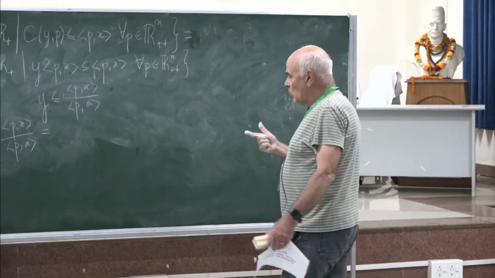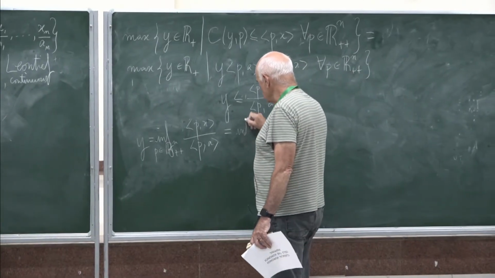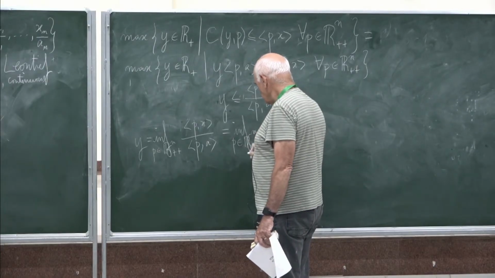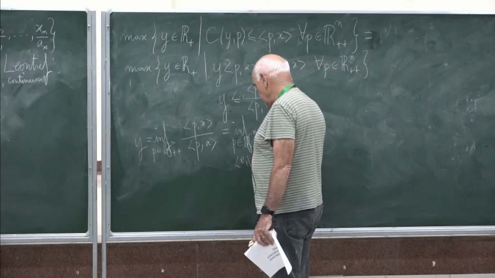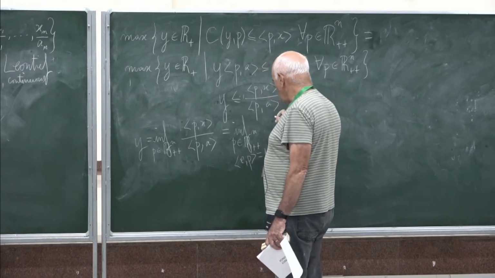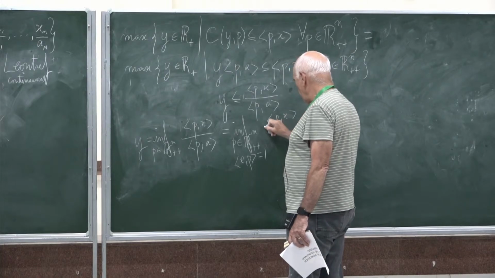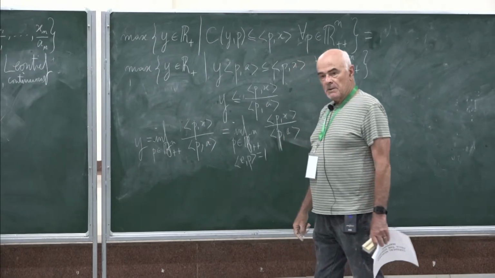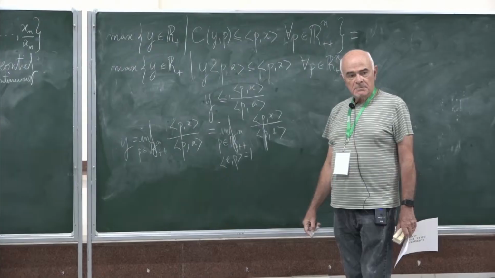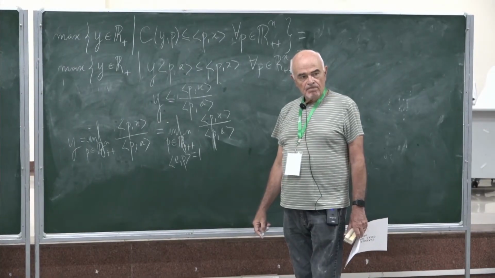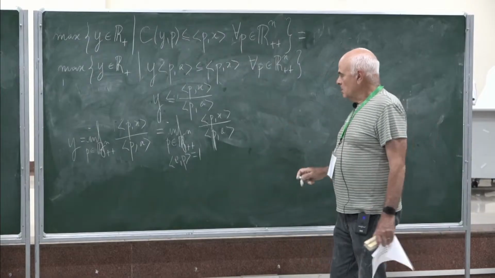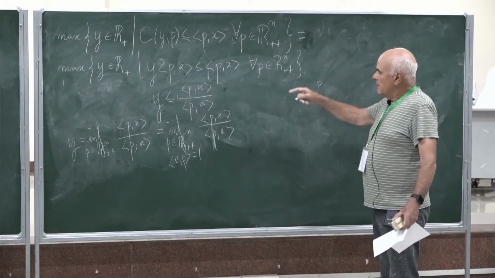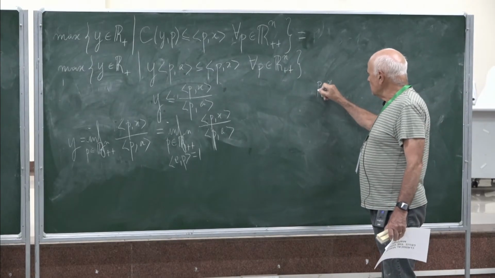This means if you normalize by adding the extra constraint e transpose p equal 1, nothing changes. Do you agree? I mean, if you have whatever p you like, then you compute the value of the objective function at this p.